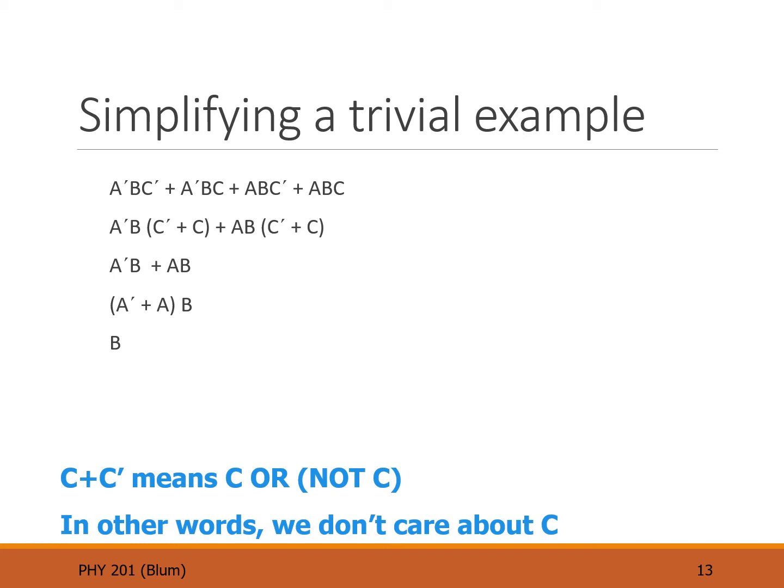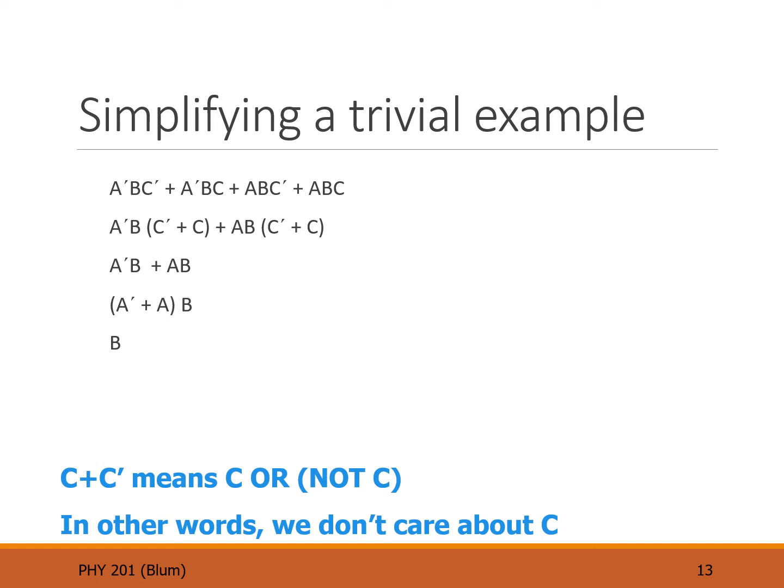We note that the first two terms have A prime B in common and only differ by C prime plus C. So I've factored out an A prime B there. And the third and fourth terms have AB in common, so again I factored out C prime plus C. But C prime plus C means I don't care about C. It's either C or not C. It's always true.